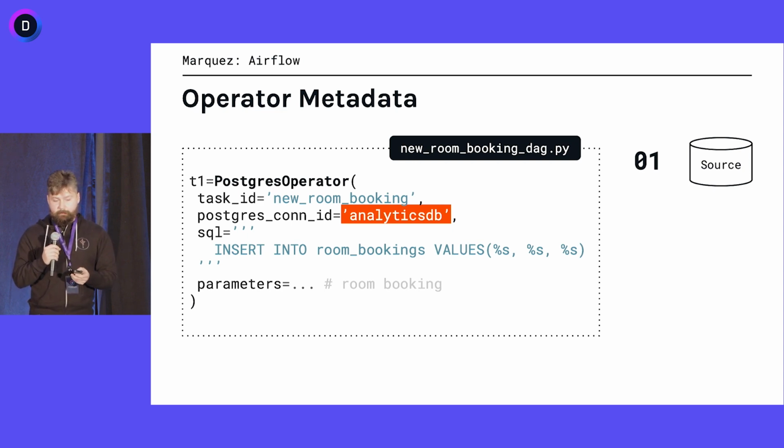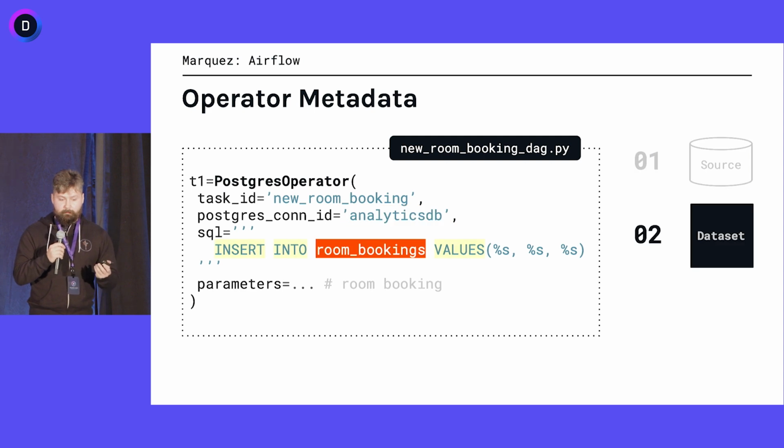Really quick, we're going to go through the steps that happen as the extractor looks at the operator. For one, we initially look at the Postgres connection ID, and that's super important because when we register the dataset, we also want to pull in the schema as a job is running. Here we have analytics DB for our job, so this is going to be our source.